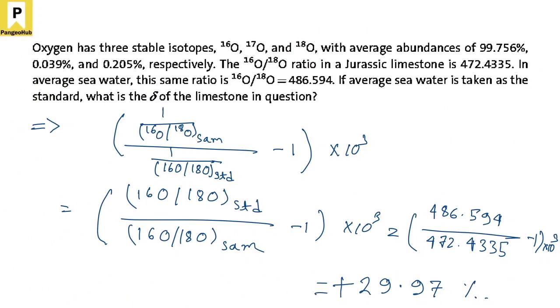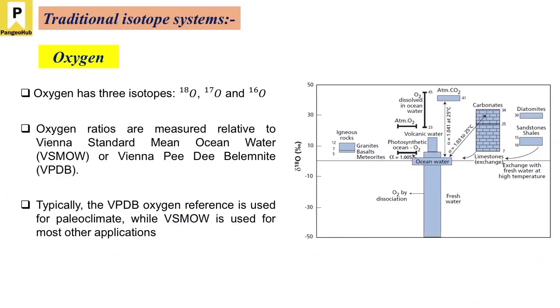Now let's move on to the common isotope systems. First is oxygen. Oxygen has three isotopes, 18O, 17O and 16O. Generally, we use the ratio of 18O divided by 16O to deal with oxygen isotope systems.